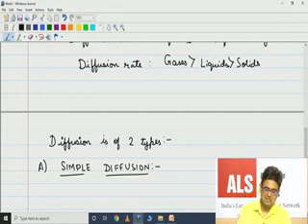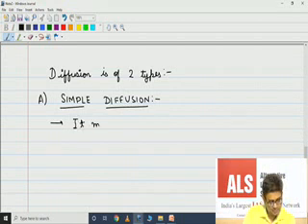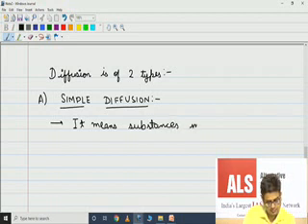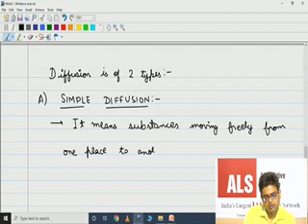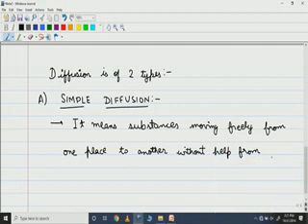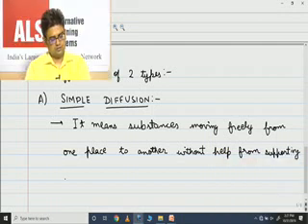Simple diffusion means substances moving freely from one place to another, without help from supporting proteins.